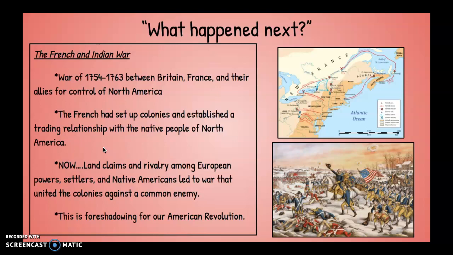This event taking place really showed the colonists, like, oh my gosh, we can band together and achieve something. We can be united and we can fight against something that is happening towards us or against us. And we can see really awesome things like our independence coming. So this is definitely, in my opinion, foreshadowing for our American Revolution.